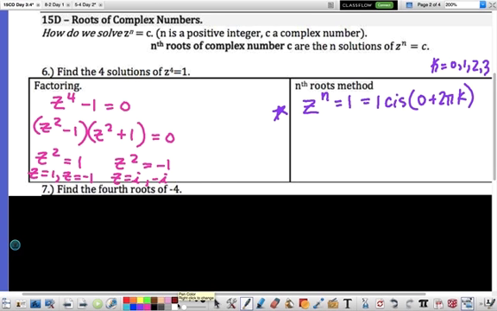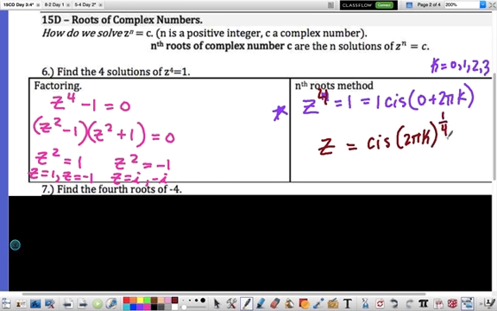Trying to solve this, let's see, take the nth root, is that correct? Yep, we're taking the 4th root. 4th root of both sides, because we're talking about z to the 4th. So, let's do that. If you take the 4th root of the left-hand side, you get z. If you take the 4th root of that, you get cis of 2 pi k to the power of 1/4, right?